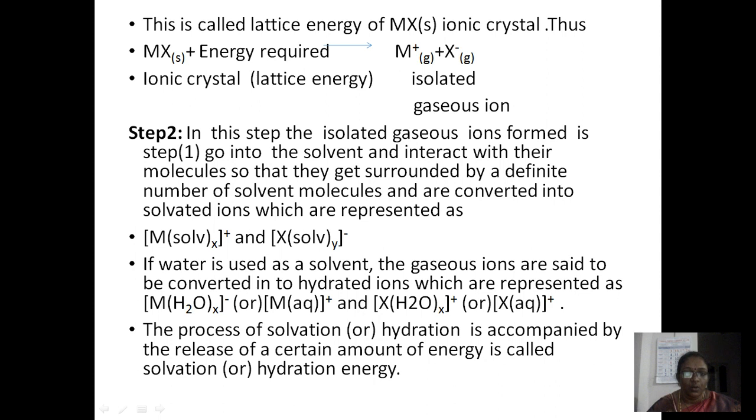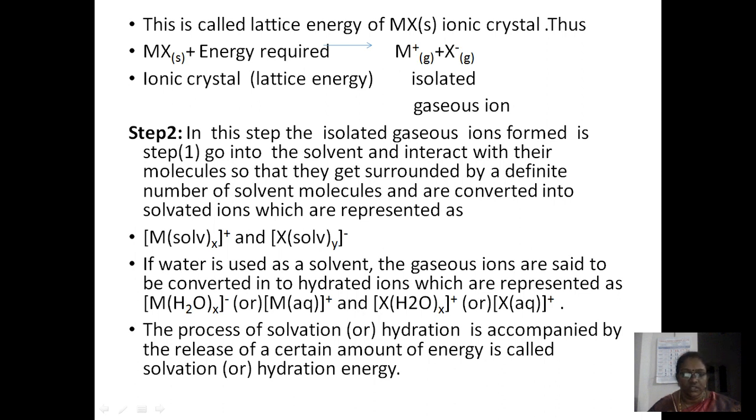go into the solvent and interact with its molecules, so that they get surrounded by a definite number of solvent molecules and are converted into solvated ions, which are represented as M of solvent, x times, plus, and X of solvent, y times, minus.